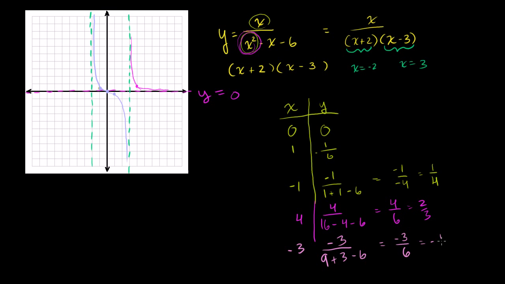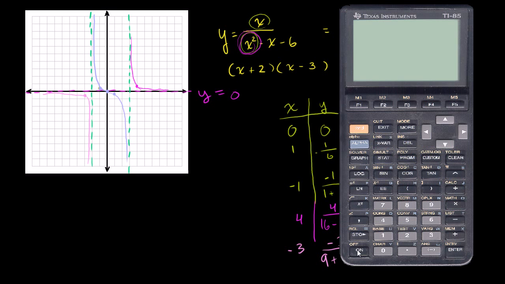Which is equal to negative 1/2. So negative 3, negative 1/2 right there. So we're going to approach this asymptote as we get really negative. And we're probably going to go straight down like that as we approach this vertical asymptote right there. You could try more points if you don't believe me. But let us graph it just to verify it for ourselves.